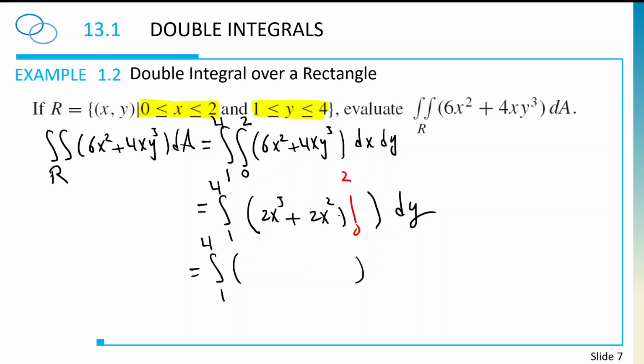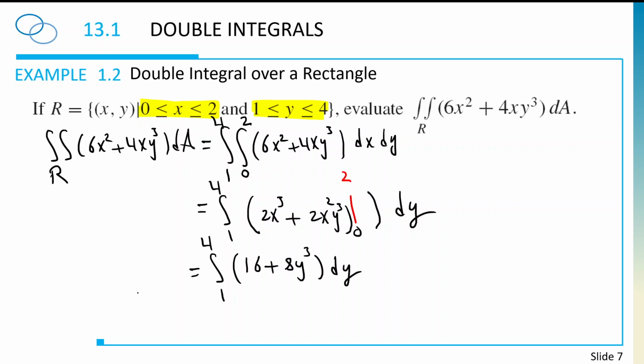I need to keep y here. So this is y to the power 3. Replace x with 2, so this is 16 plus 4 times 2, so this is 8y to the power of 3. If I replace 0, this will be 0, this will be 0. So that's it. This is the first integration.